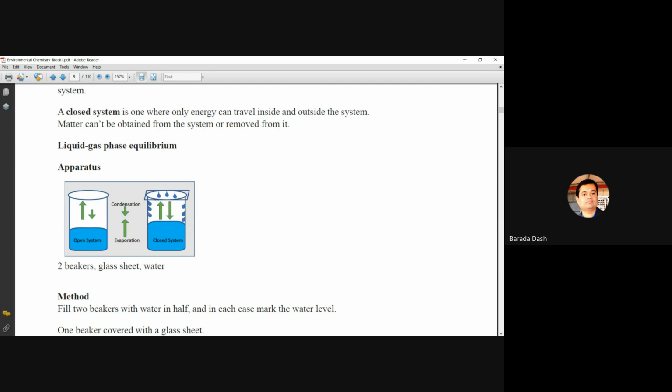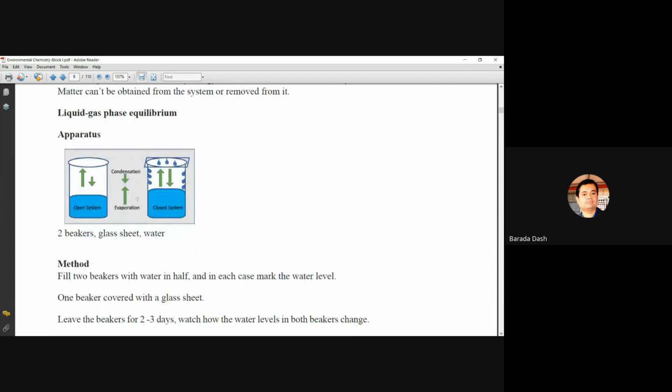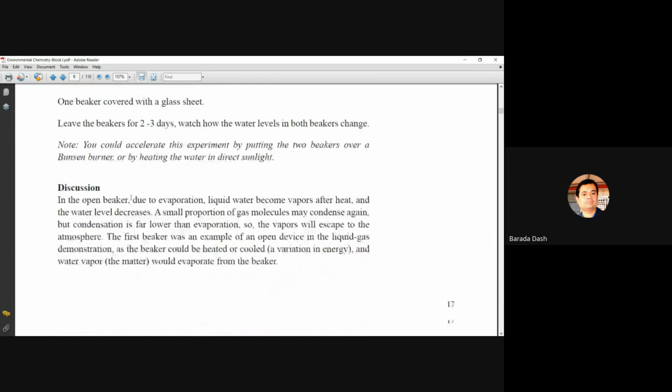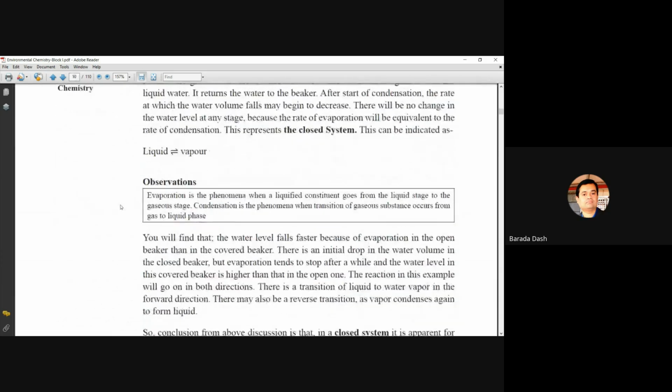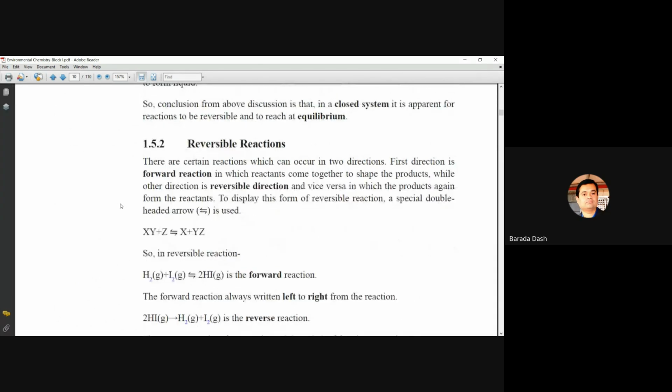When the water evaporates, it will condense on the surface of the cover, and then it will come back again to liquid water. So this is a process that will continue. So that is basically a closed system.